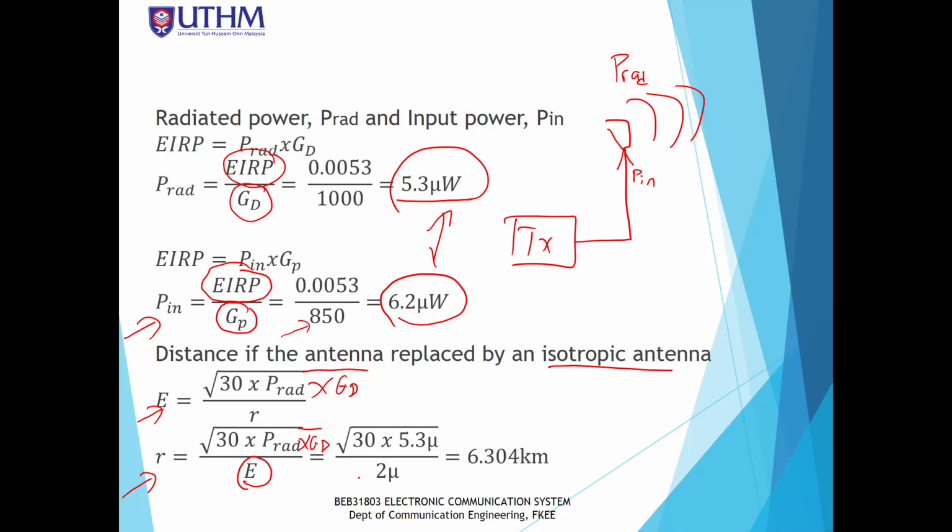Okay, so we put the P radiations from here, same amount of power radiations. Sekejap, saya lukis sikit. We don't know the distance, but we want to achieve the same E field, which is 2 microvolt.